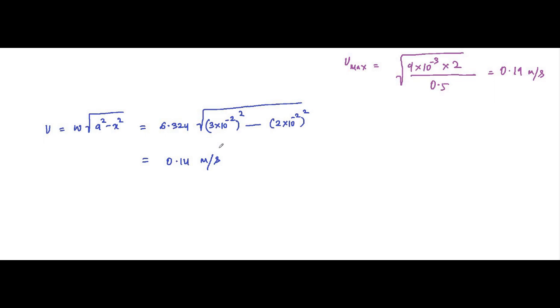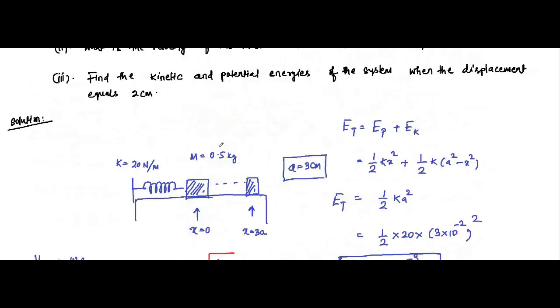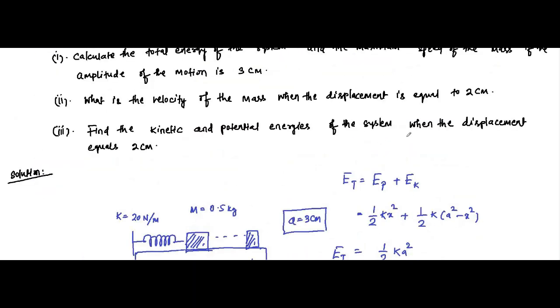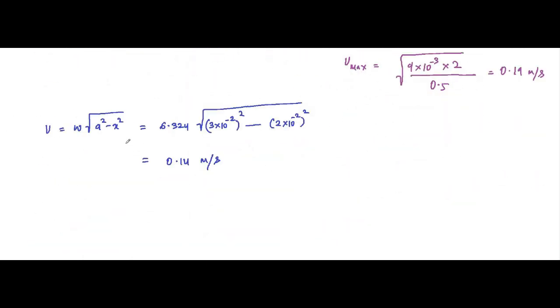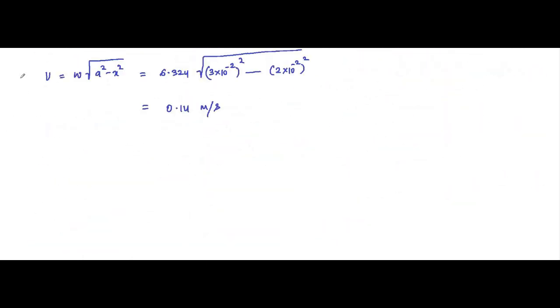Then it has been asked to find the kinetic and potential energies of the system when the displacement equals 2 centimeters. So this is the second bit, then the third bit.